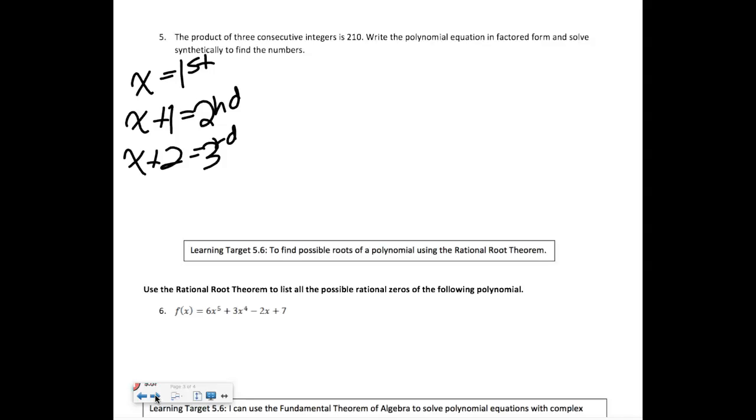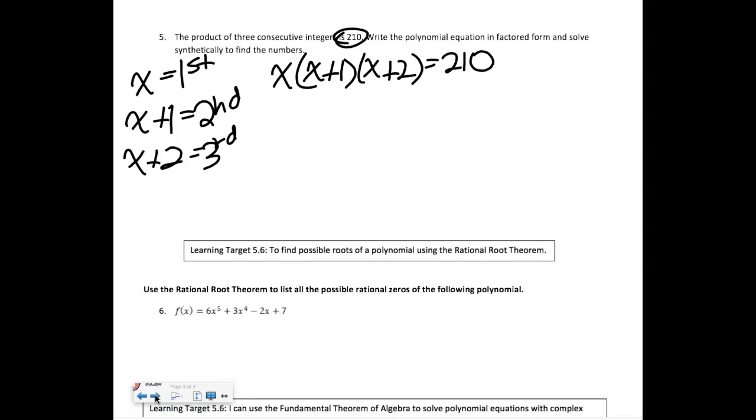That is 1 point right there. Can everybody handle it? Okay. Then it says we're going to take these three things and multiply them together. So then I have x times x plus 1 times x plus 2. And we know all together it's going to equal 210.